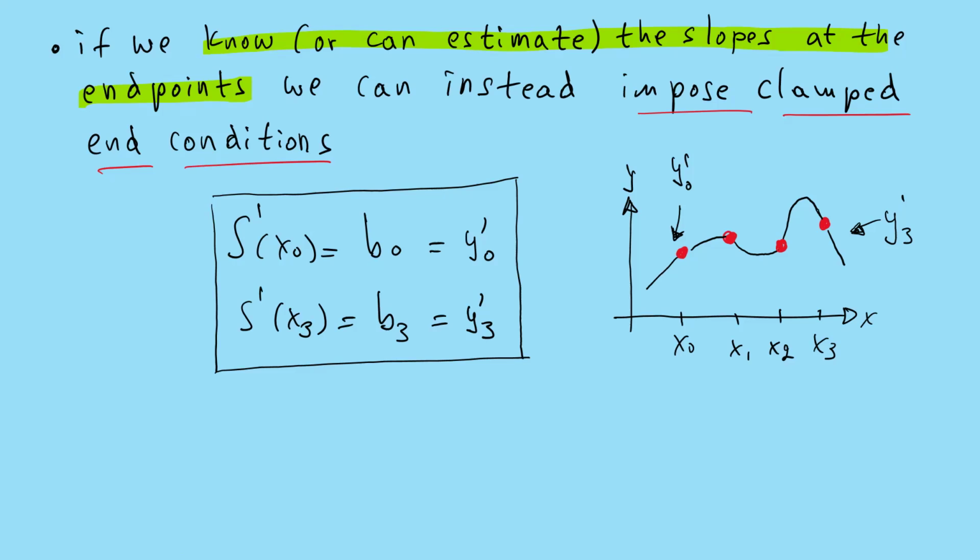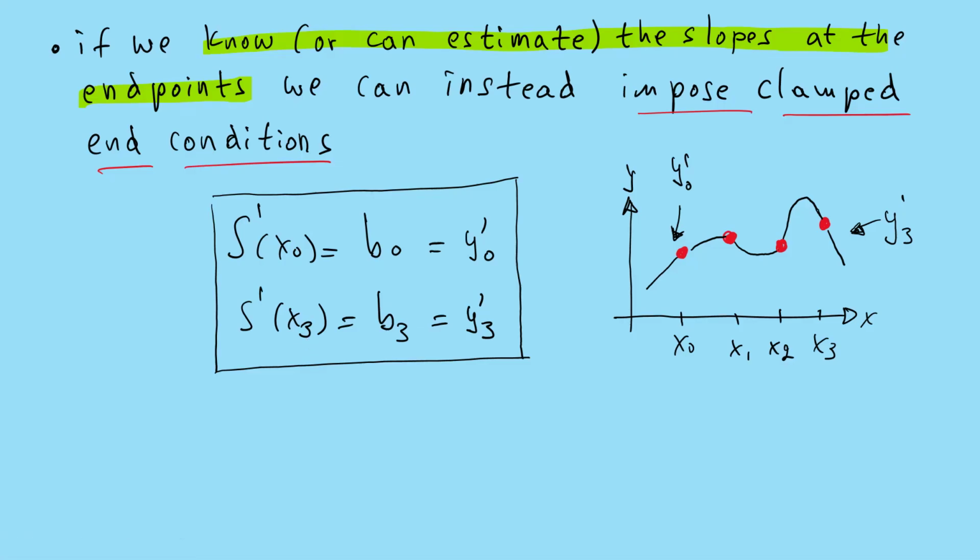Another type of boundary condition is called the clamp end condition. If we know the slopes at the end points, we can use those values instead of the natural spline condition. In this case, we directly specify the first derivatives of the spline at the beginning and the end points of the data points.